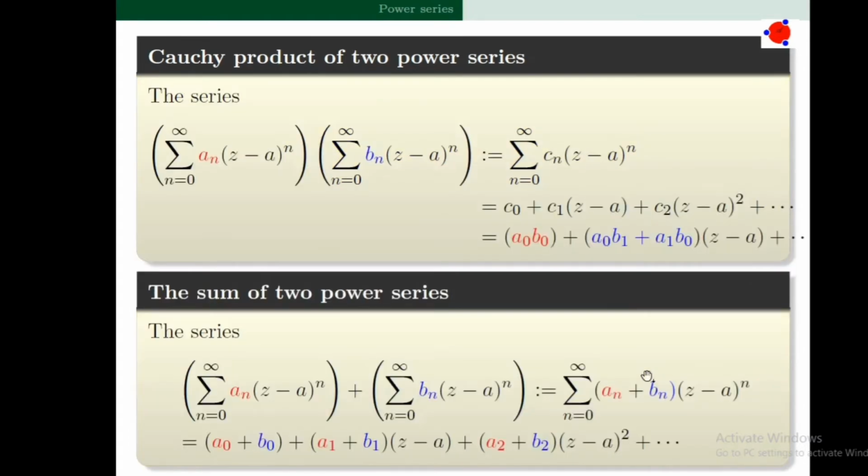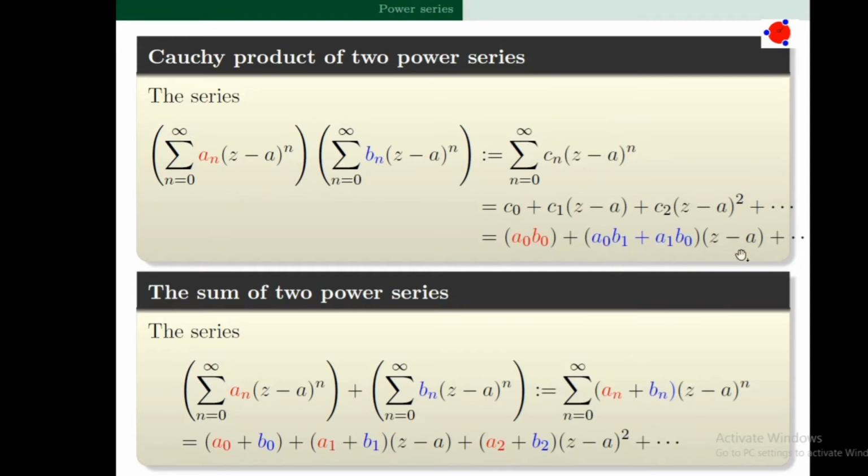We now define a new power series sigma n equals 0 to infinity Cn (z minus a)^n. That is the power series C0 plus C1 into (z minus a) plus C2 into (z minus a) squared plus etc. Here C0 is a0 b0, the first diagonal entry of the matrix, and C1 is a0 b1 plus a1 b0, the sum of the second diagonal entries, and so on.